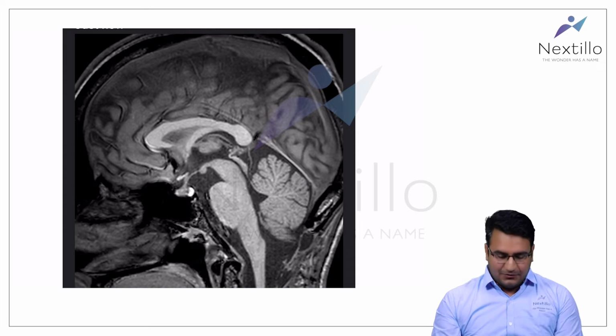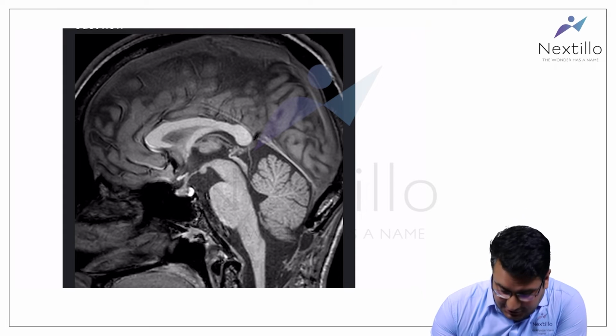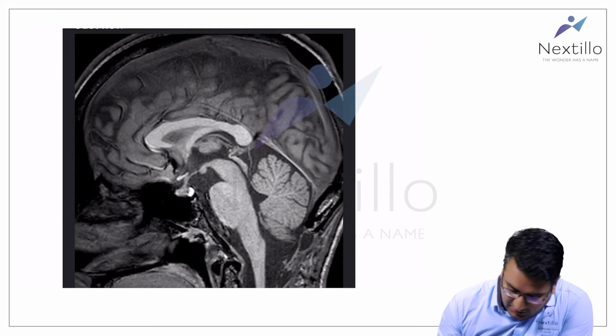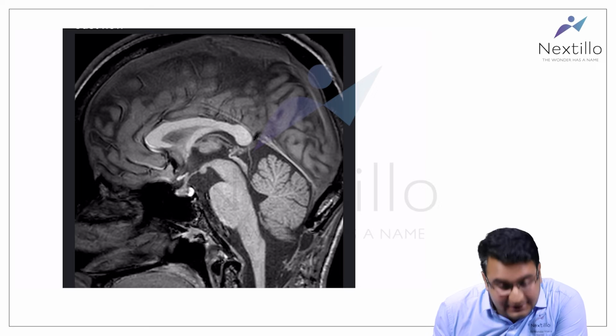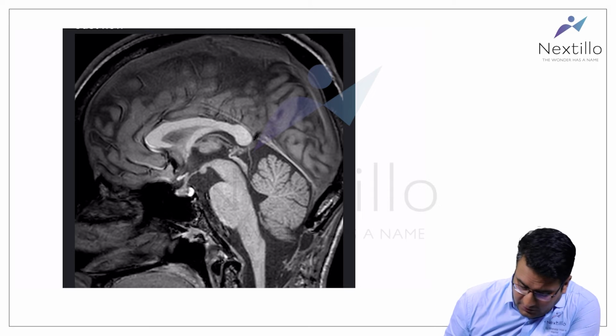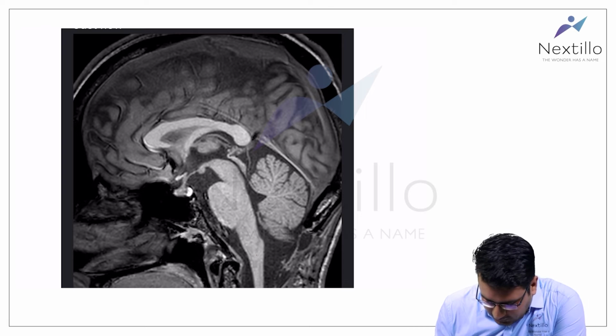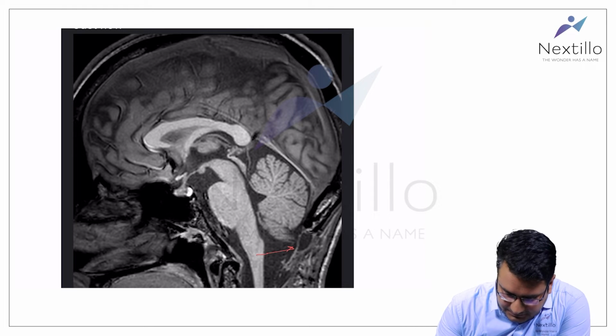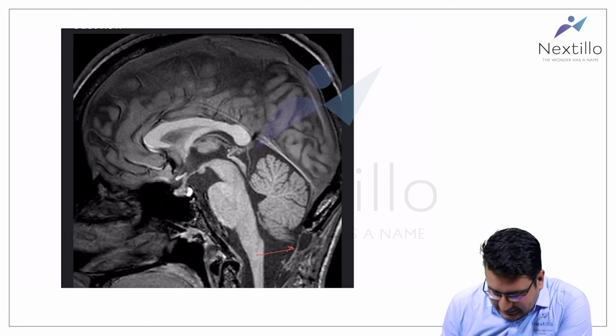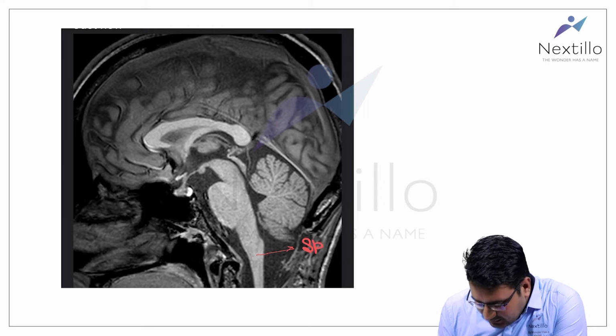So, our first image is a sagittal section of MRI brain. We are going to start from this part. What is this?